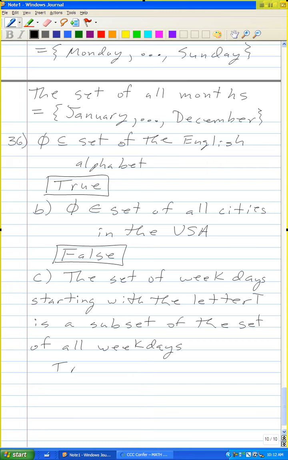And that's true because Tuesday and Thursday are days of the week, and so they are weekdays. So that's a true statement.